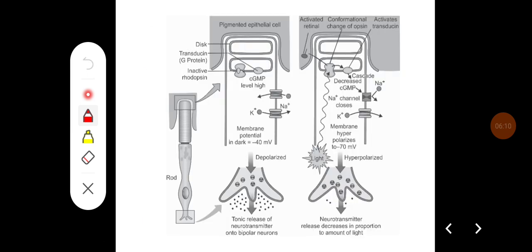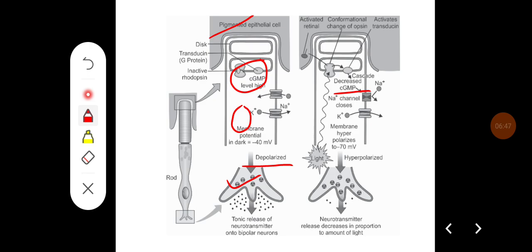So this is the mechanism which occurs in case of dark, where the high levels of cyclic GMP keep sodium channels open, sodium enters in, and which causes depolarization, helps in the release of glutamate neurotransmitter. In case when the light falls, there will be production of the transducin, which causes decreased levels of cyclic GMP, which causes the closure of sodium channels.